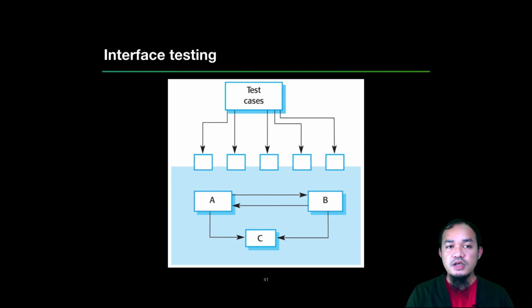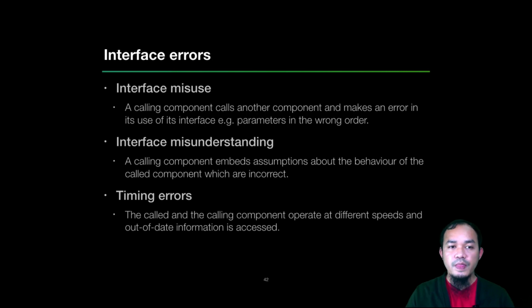Interface testing is a kind of black box testing, so you cannot see the code inside. You just call and use it, and try to test it. There are many kinds of interface error. Interface misuse: maybe you want to use interface A, but you connect to interface B. This is a very fatal error.